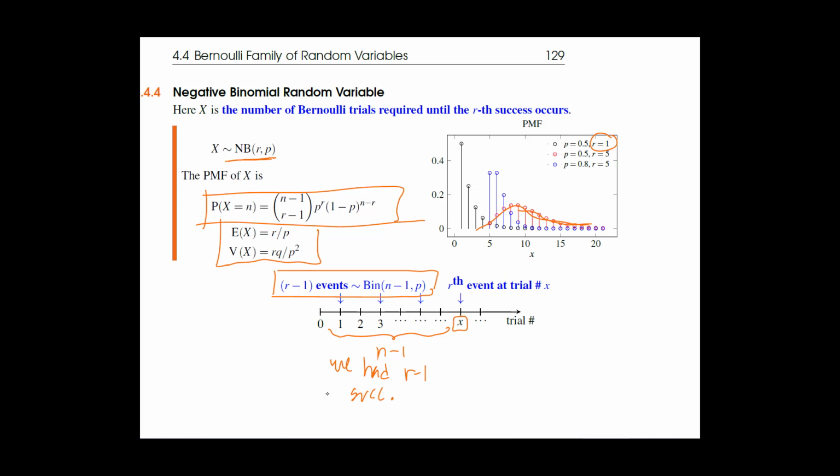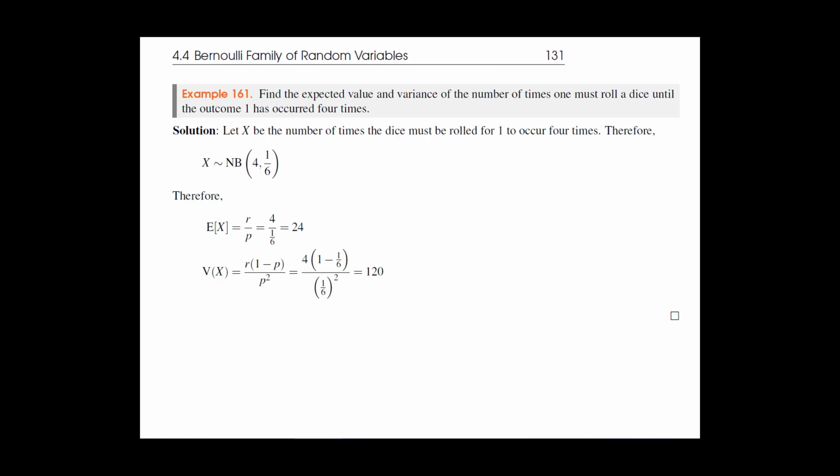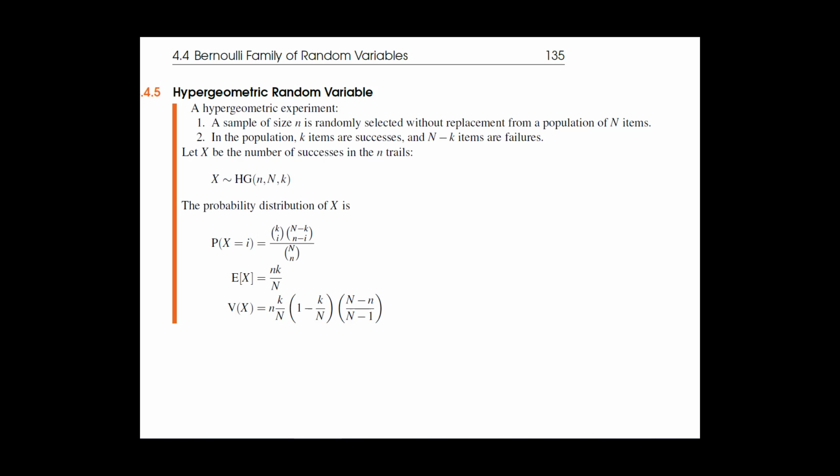Please take a moment to do the following example. This one right here. Let's also talk quickly about the hypergeometric random variable. In this case, we have an urn with capital N elements, in which k are a success. So we have k successes and then N minus k failures.